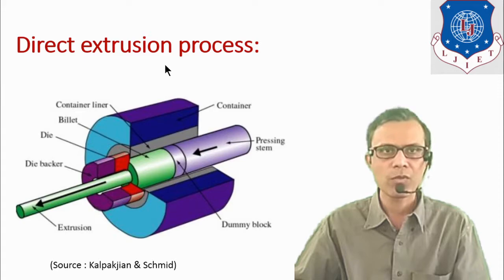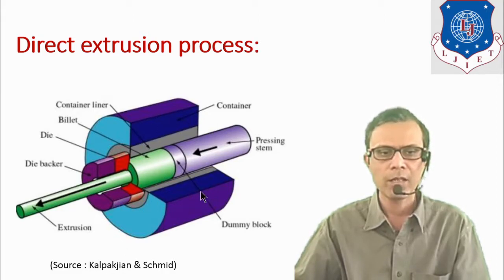Direct extrusion process. Here the setup is shown in this diagram. It is a half sectional view of the machine setup. It consists of a container. This part is known as a ram or a plunger, which is used to pressurize the hot billet.